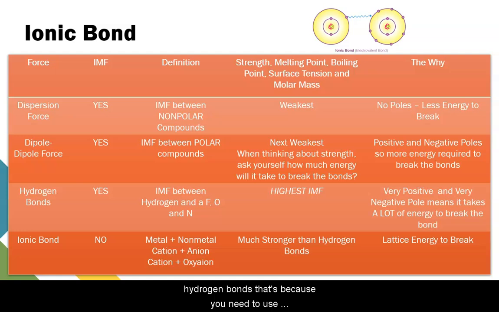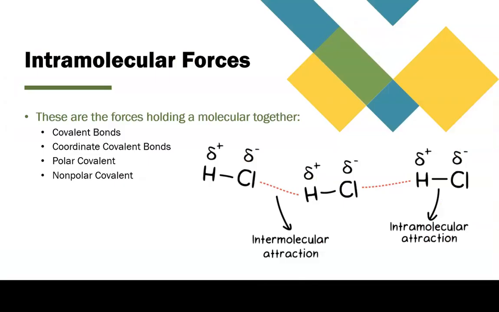That's because you need to use lattice energy to break them. So the why for all of these is how much energy does it take to break them, and this takes a ton of energy to break. Remember, the more negative the lattice energy, the stronger the ionic bond.